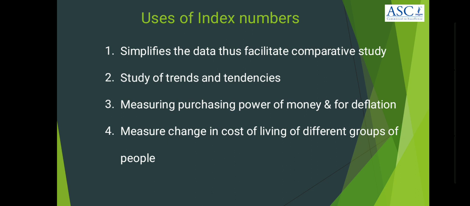Here, cost of living is the amount of money needed to sustain a certain standard of living by affording basic expenses such as housing, food, healthcare, taxes, etc. Index numbers help in measuring changes in such cost of living of a group of people or different groups of people and compare their standard of living. Thus, index numbers help to measure the change in cost of living of a group of people or of different groups of people.